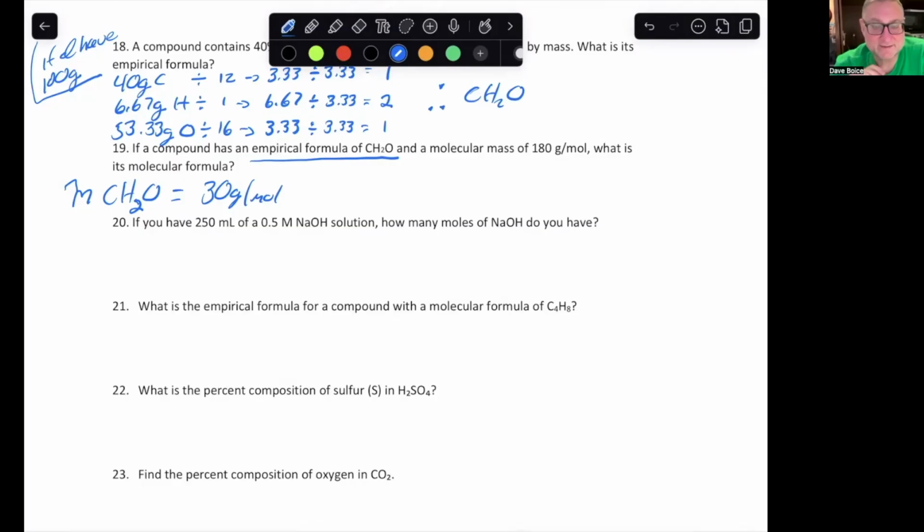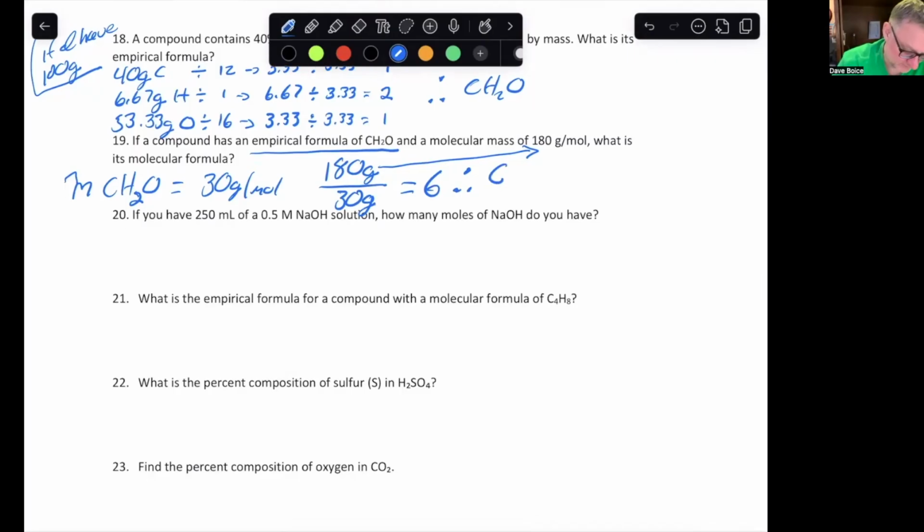Now we have 180 grams, that's what comes from here. And so we're going to divide this by our smallest, and that's going to equal 6. So therefore, we'll just take CH2O.